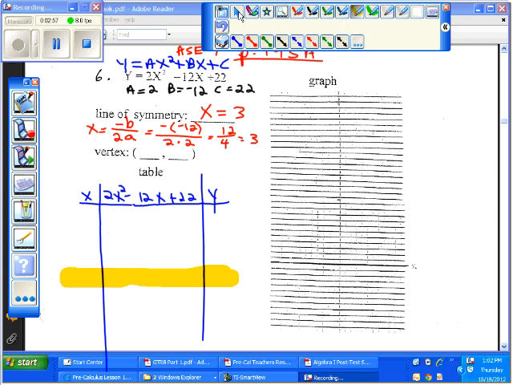So basically what we know right now is this thing, and this is the x-axis and that's the y. So here's my origin right here. I'm just going to leave it in red. My line of symmetry is x equals 3. So if we go to the right 3, my line of symmetry would be this vertical line.